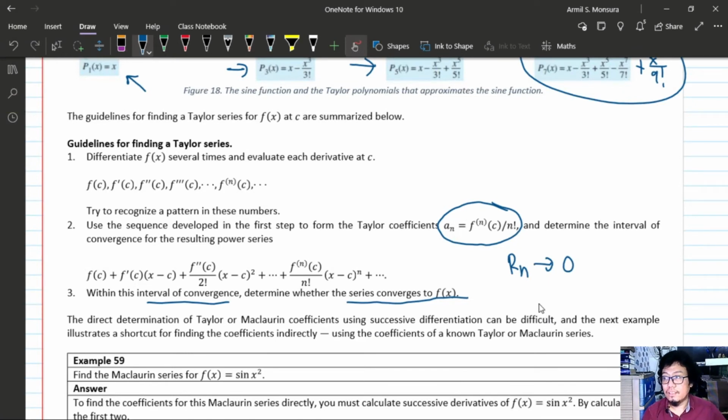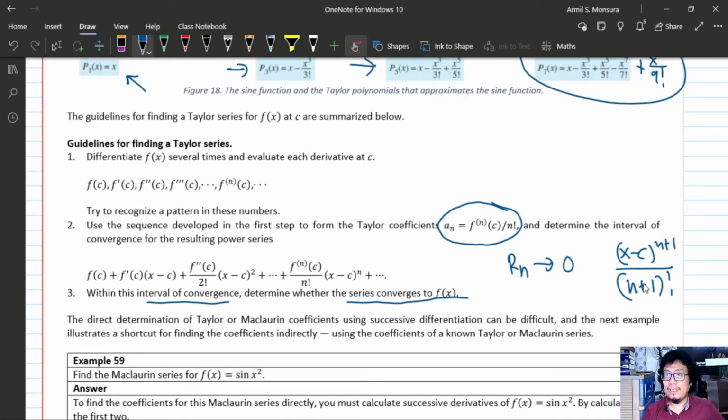Since this would be impossible for us to do, we can resort to finding whether the upper bound of Rn approaches 0. It's usually x minus c raised to n plus 1 over n plus 1 factorial. But there are scenarios where this would not be the upper bound for your R of x.